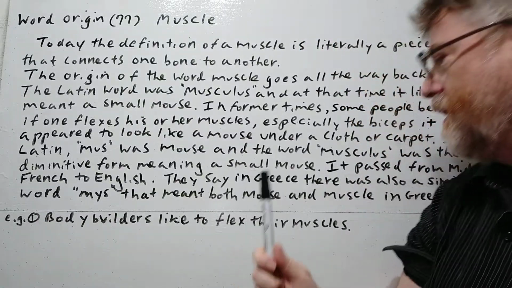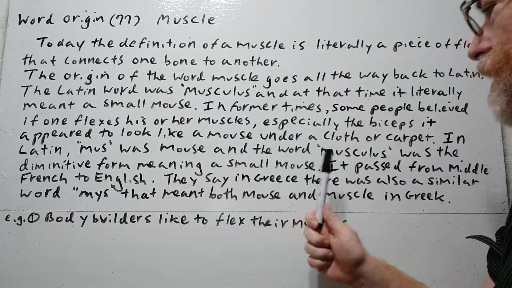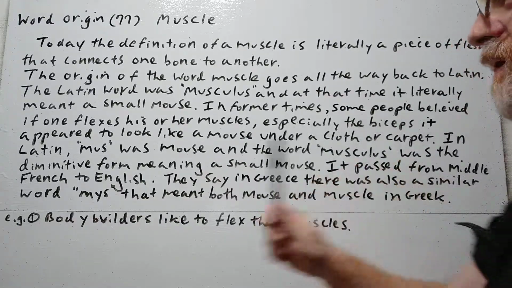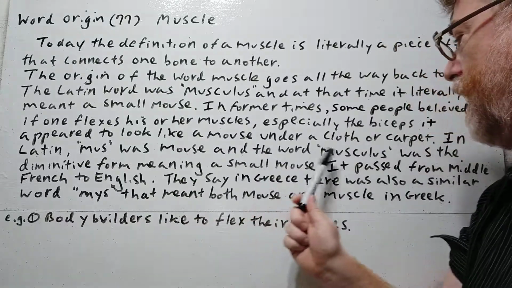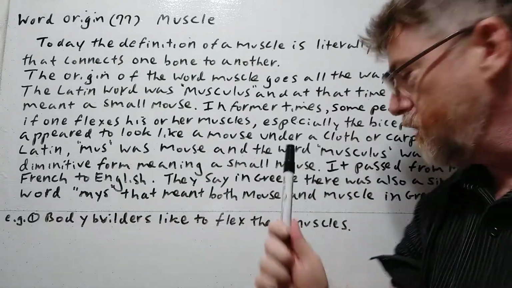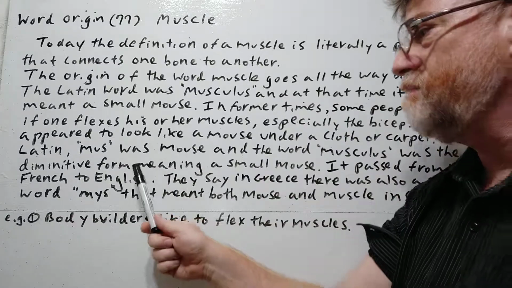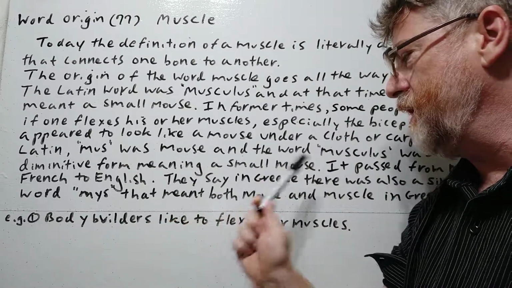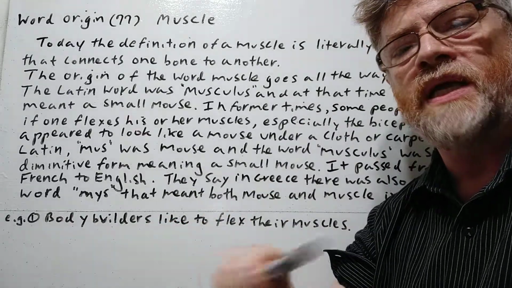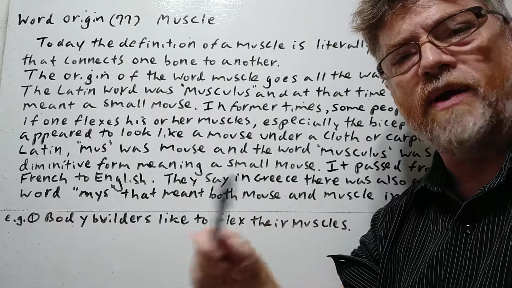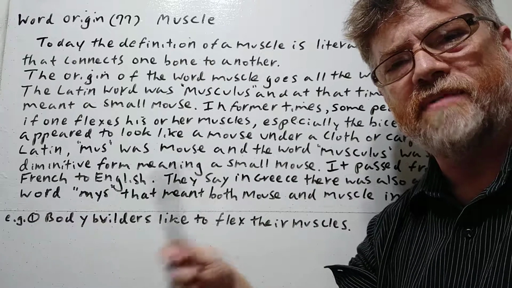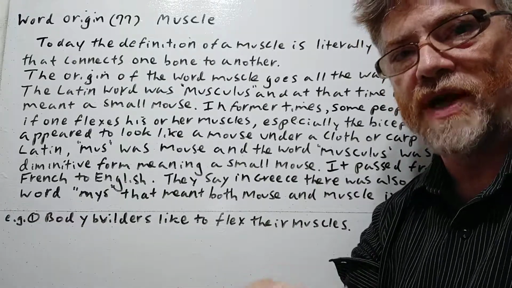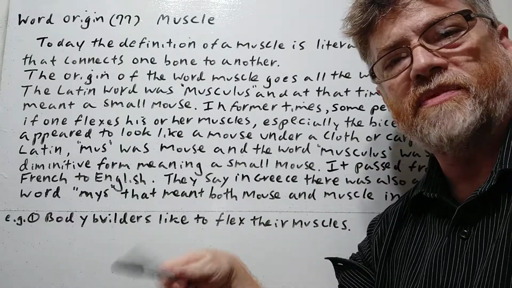Okay. Let's continue. All right, so in Latin, mus was mouse, just mus by itself. And the word musculus, okay, was the diminutive form, meaning a small mouse. Diminutive form means sometimes we add a word ending to make it seem smaller, like "et" sometimes in English, which I think we get from French, can mean that something is smaller.